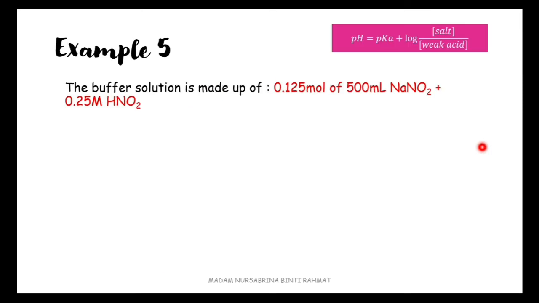We are given the number of moles of our salt, but we need the concentration in order to substitute the value into our Henderson-Hasselbalch equation. Therefore, you first have to calculate the concentration of the salt being used. So the concentration of NaNO2, which is our salt, is simply number of moles divided by volume of the solution, but we need to change it into liters. This is the molarity formula.